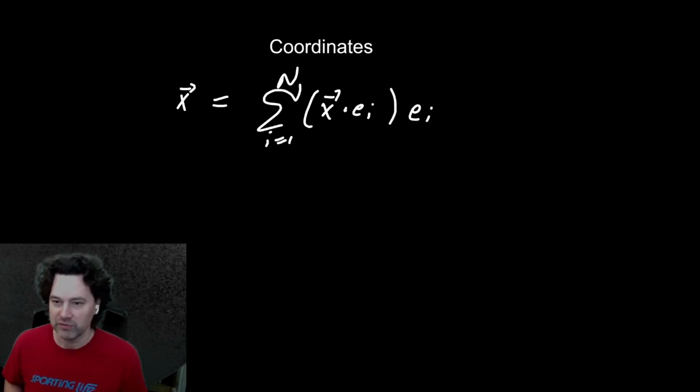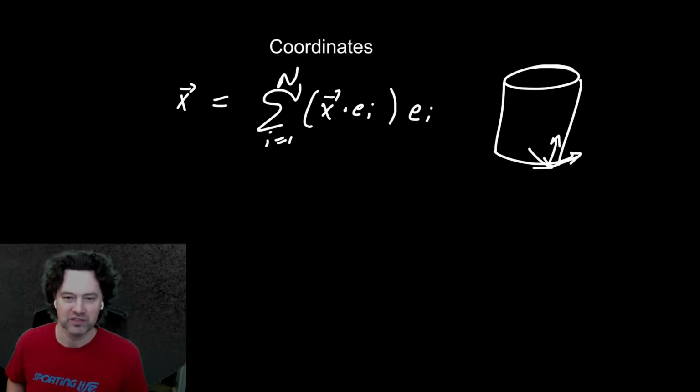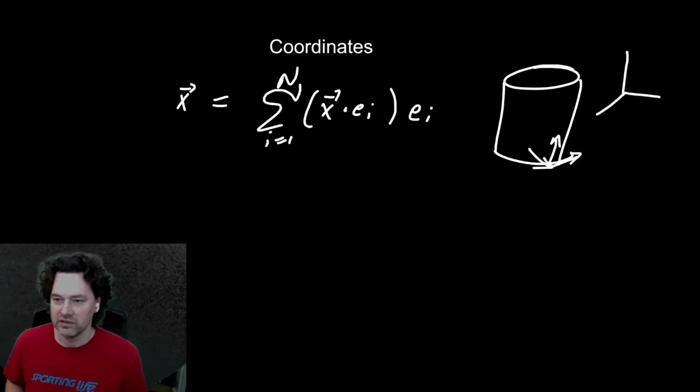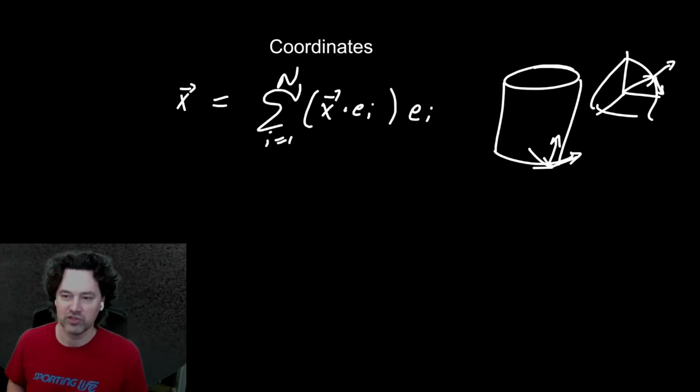That might be the case where you have, say, a cylindrical coordinate system. You can have a pair of mutually perpendicular vectors at any point in the space. If we have a spherical coordinate system, we have a unit vector outwards, and a set of mutually perpendicular vectors.